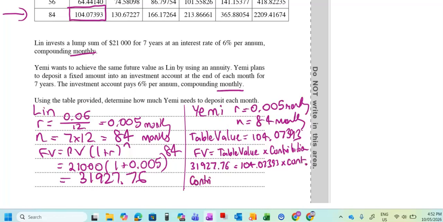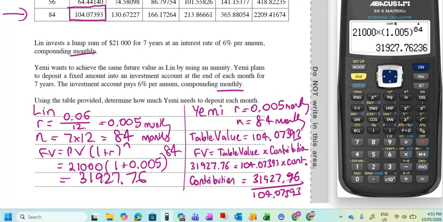So the contribution must be that future value divided by the table value. Take care to write that down super carefully. So it is that future value number I had before divided by 104.07393.